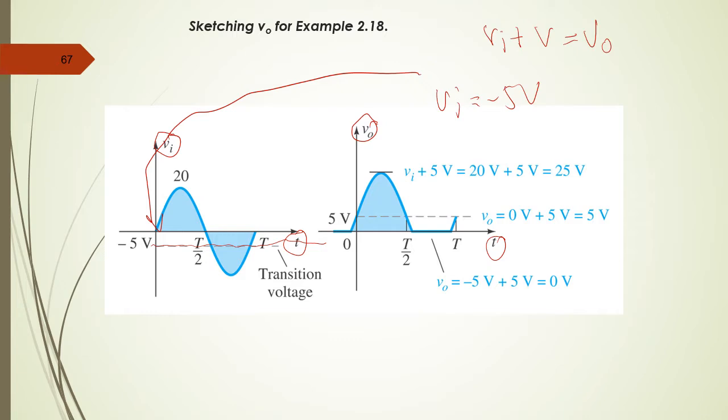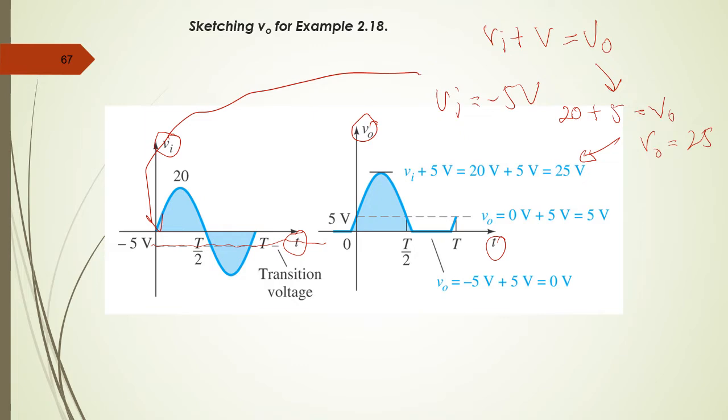Now, to determine the upper portion which is allowed to pass when the diode is forward biased, we have 20 plus 5 equals V out, and V out equals 25, which is here.